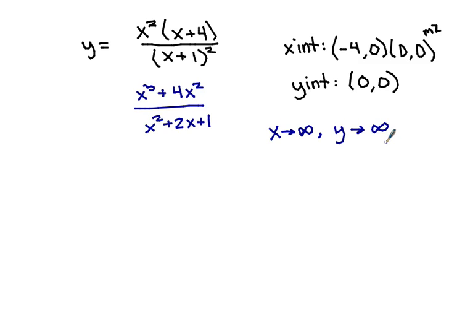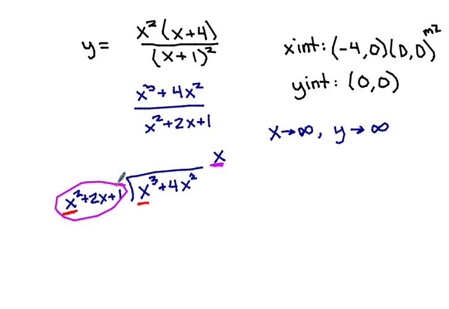I can use long division. Here's where long division is going to come back into the game. If I were to take x cubed plus 4x squared and do long division on it, I can figure out exactly what my slant asymptote is going to look like. Okay, so in this particular case, x squared goes into x cubed x amount of times. And then I can take that x and we're going to multiply it by that front piece to see what's left over.